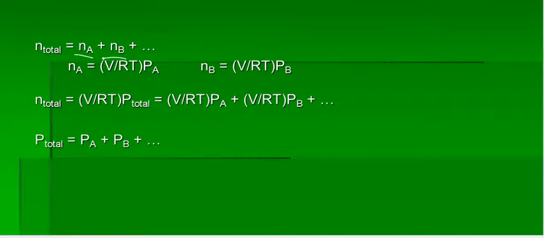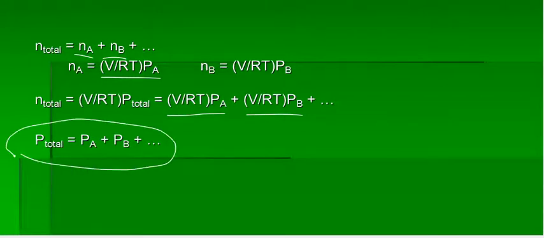Well, we can get moles from the ideal gas law. So I'm going to substitute in here PV over RT instead of moles. By making the appropriate substitutions with the ideal gas law, here's what Dalton's law really says. The total pressure of a mixture of gases is equal to the partial pressure of gas A plus the partial pressure of gas B, and so forth.